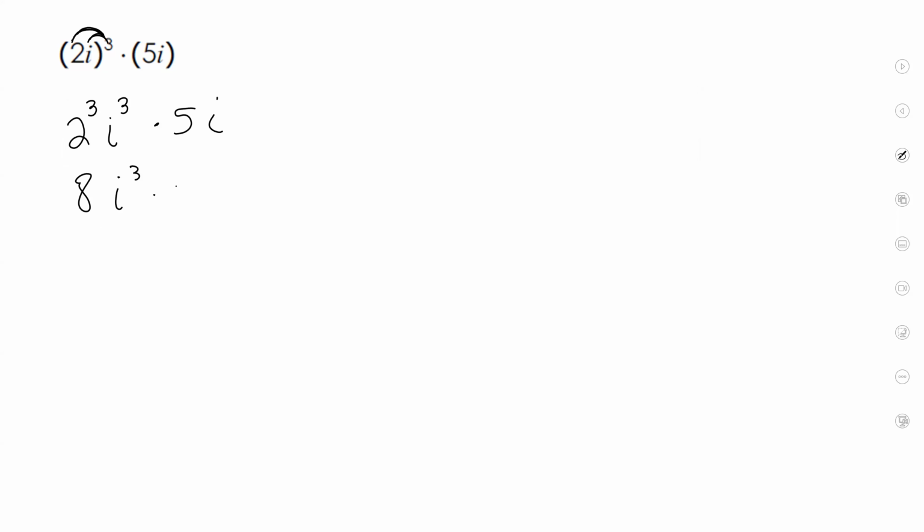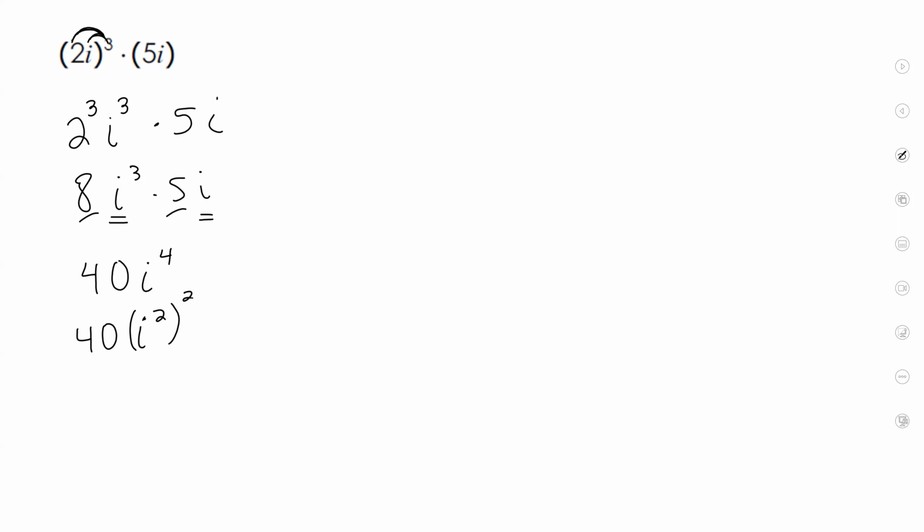I cubed times 5I. Okay, let's multiply our numbers together. 8 times 5 is 40. What's I cubed times I? I to the 4th power. Now let's apply what we just learned. I to the 4th, I can write that as I squared to the power of 2.